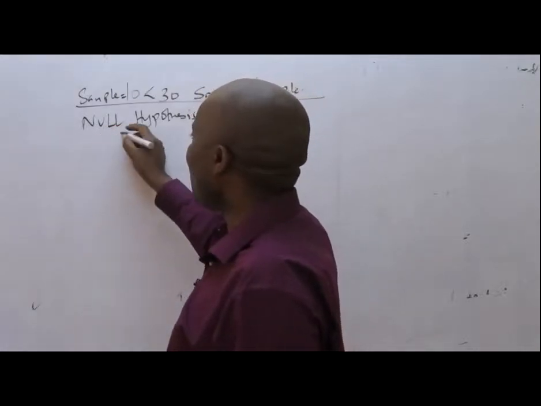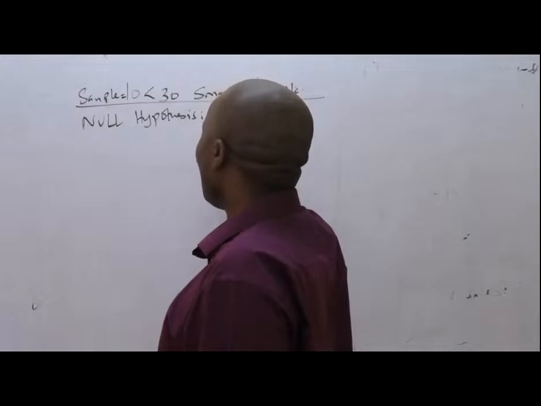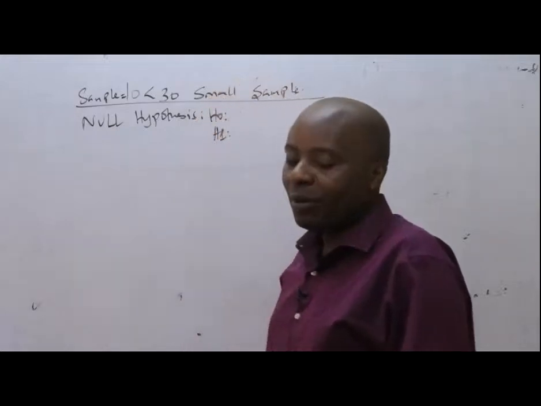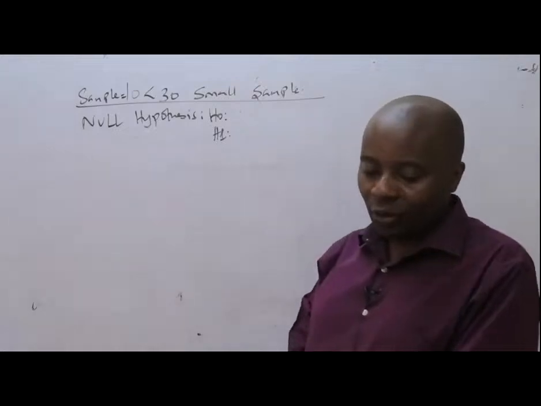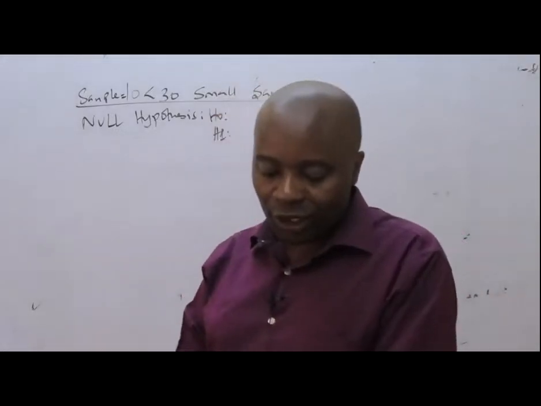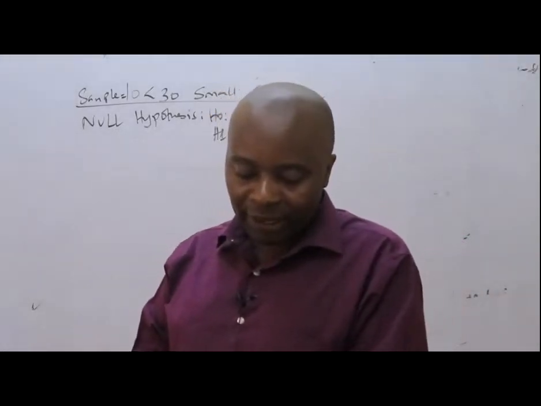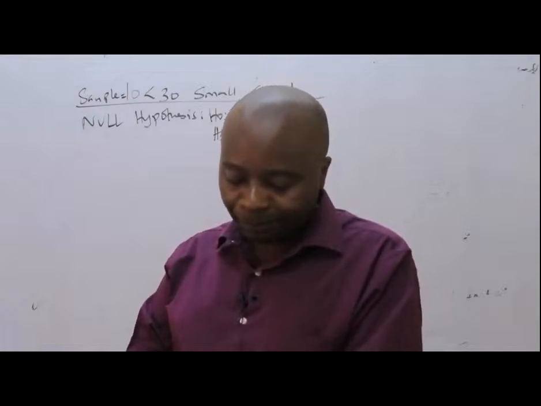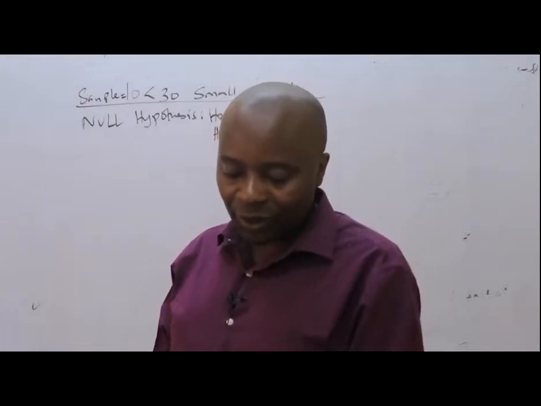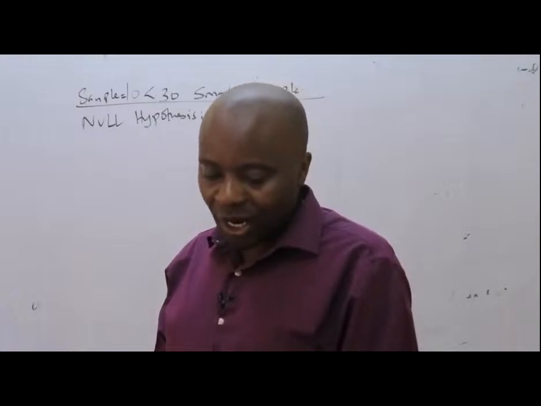And then of course we have our alternative hypothesis, which I would want to see whether anybody will be able to put down very easily. What is a null hypothesis? What is the alternative hypothesis? Just try, we see.